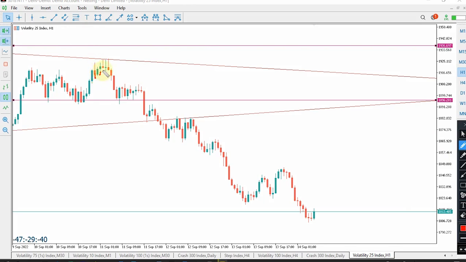This is a doji, rejection, rejection, rejection. When you see 5 or 4 rejections on an area of value such as a trend line, you should know that the market is about to do something. So I can go on and begin to explain everything right from H4, H1, and even 15 minutes.